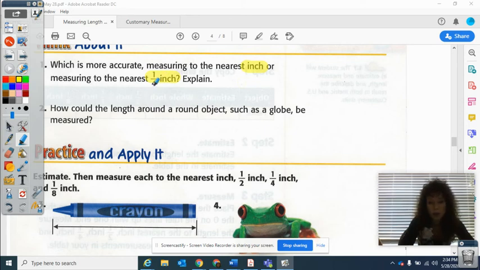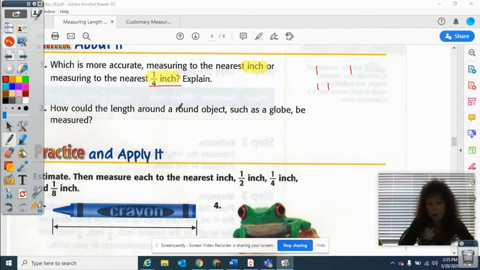The 1/4 inch is more accurate because it's a smaller unit of measure. So a 1/4 inch is probably about that big. So when you're measuring, you might be off just a little bit, where an inch, if you were measuring and you're off by almost a whole inch, an inch is about that big, you're going to be off much more. 1/4 inch, you're going to be off less. So the one that's more accurate is measuring to a 1/4 inch.